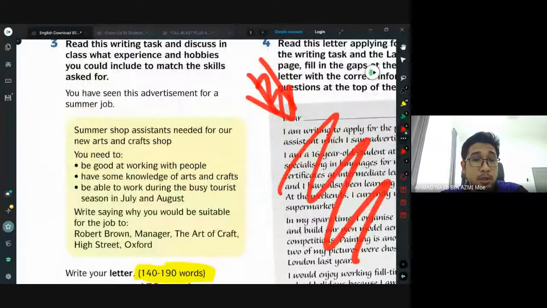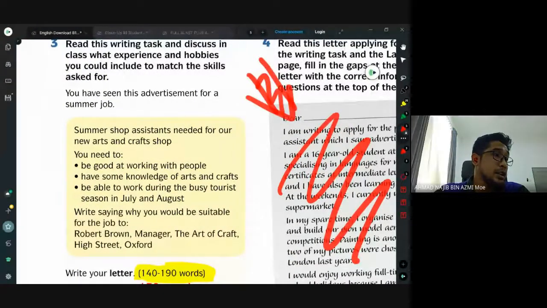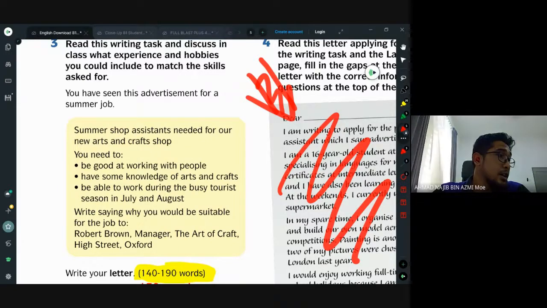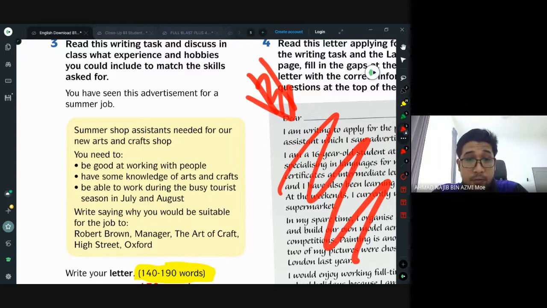Working with people. You could say that you are the captain of a sports team. Selain daripada tu, working with people. School committee. Yes, you are on the school committee for 2 years. Okay, so you get the idea.